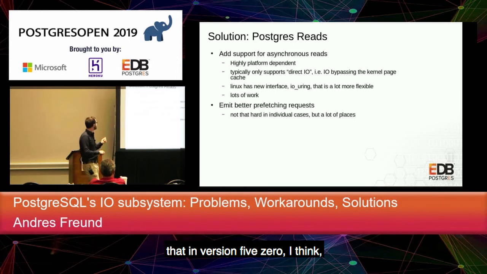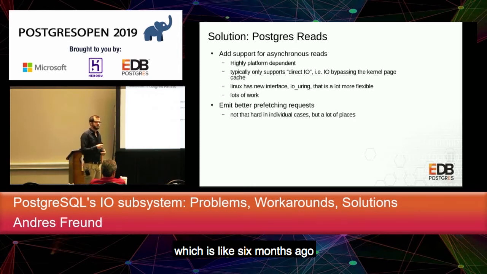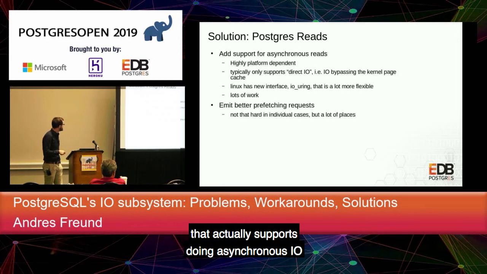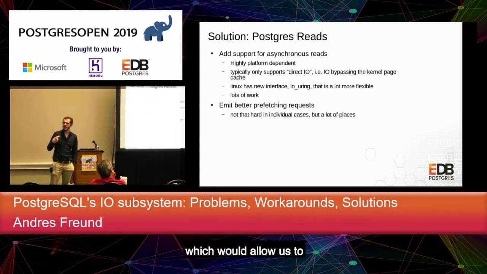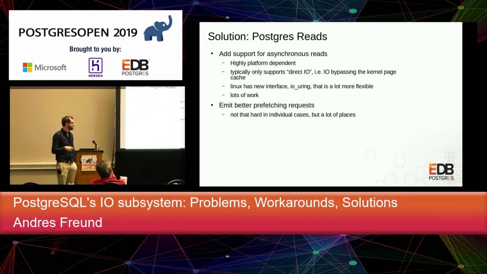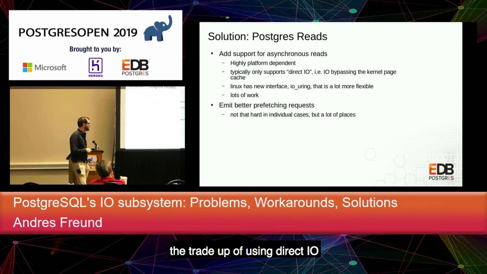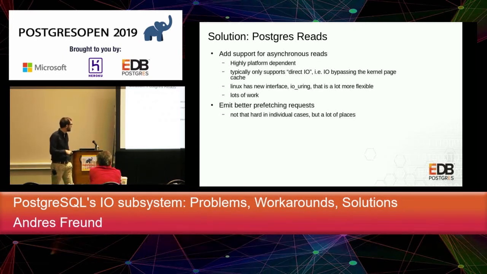It turns out that in version 5.0, I think, of the Linux kernel, which is like, I don't know, 6 months ago or something, Linux has a new interface that actually supports doing asynchronous I/O for buffered reads too, which would allow us to more easily adapt that. And a bit later, we'll talk about the trade-off of using direct I/O, which bypasses the kernel page cache, versus using the page cache.